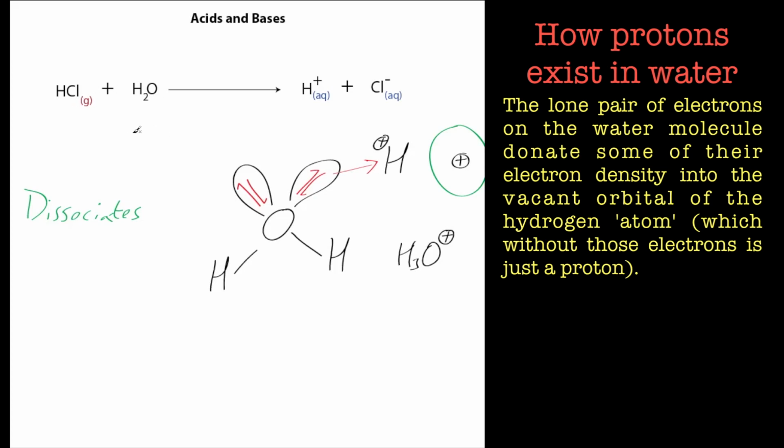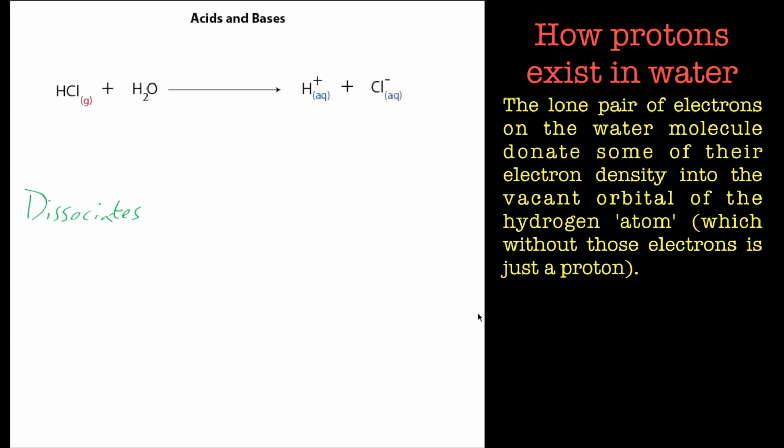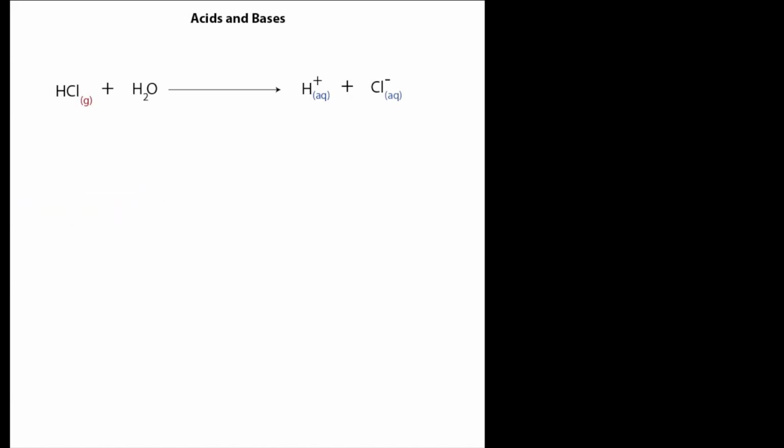So what is an acid? Let's go back to that because that's quite important. I'll just get rid of this and this. So an acid is basically a species, in this case a molecule, so I'll write molecule.